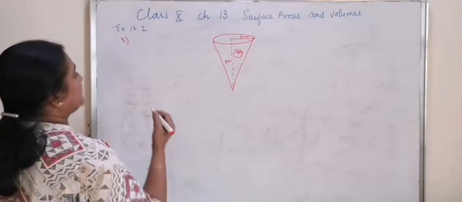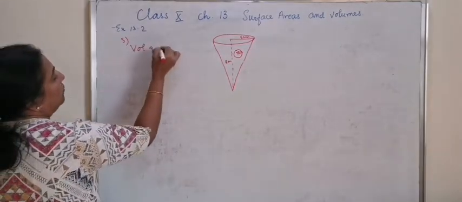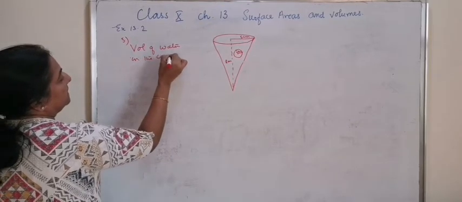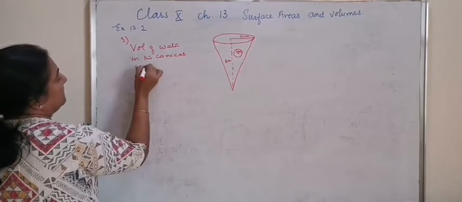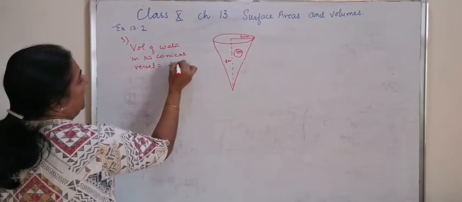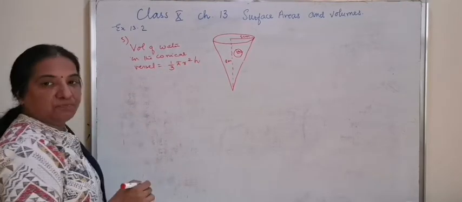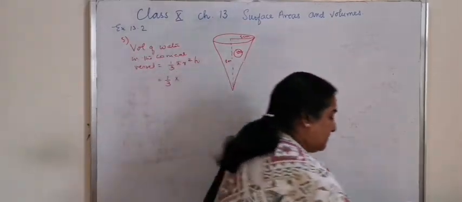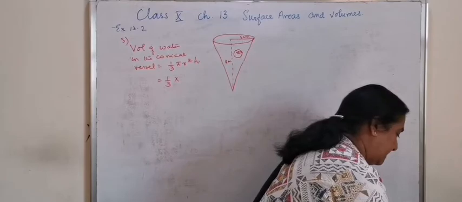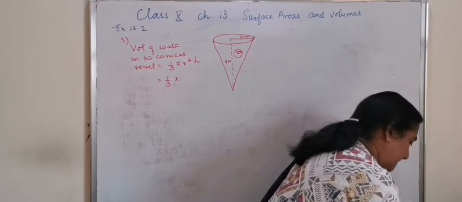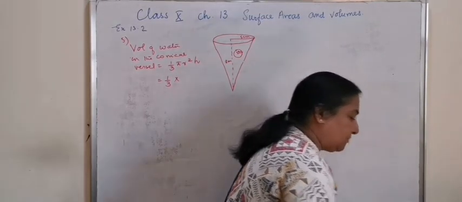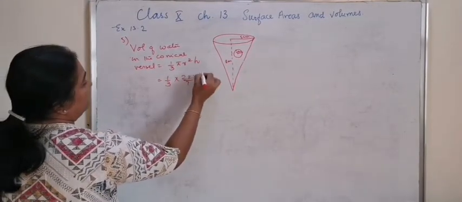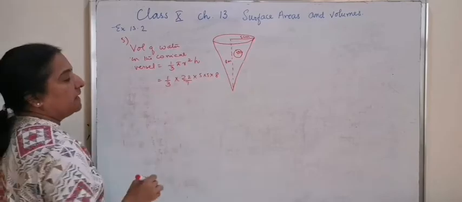So, the first concept: volume of water in the conical vessel is equal to 1/3 pi r squared h, which is 1/3 into the value of pi. It is not mentioned, so the value of pi is 22/7, into 5 into 5 into 8.